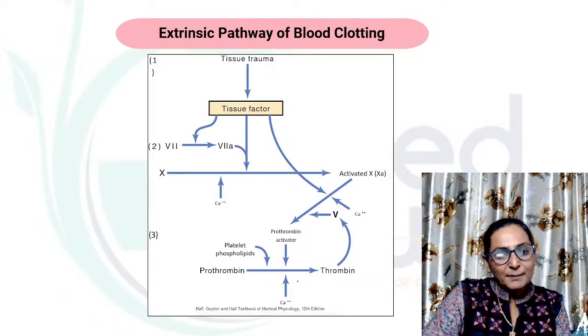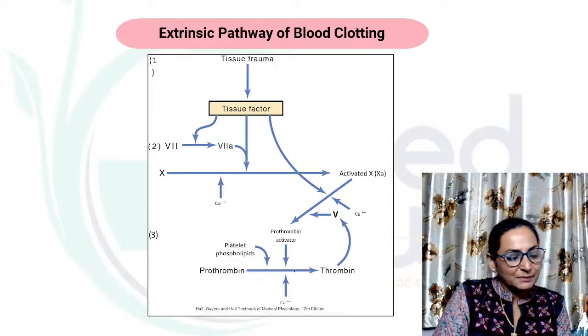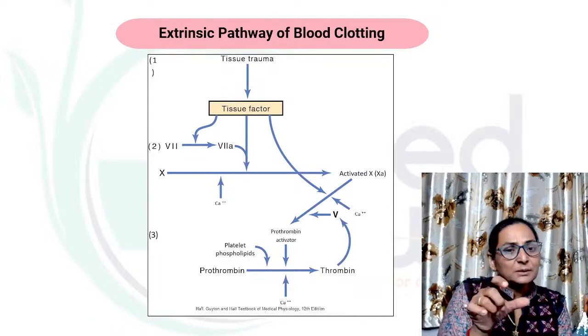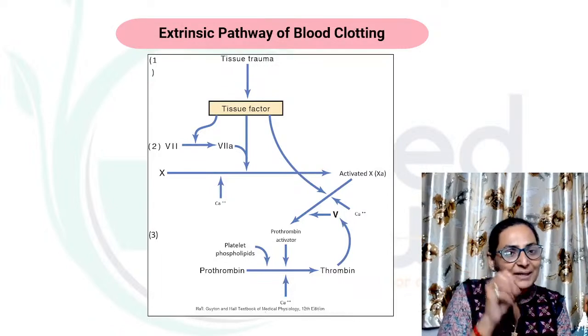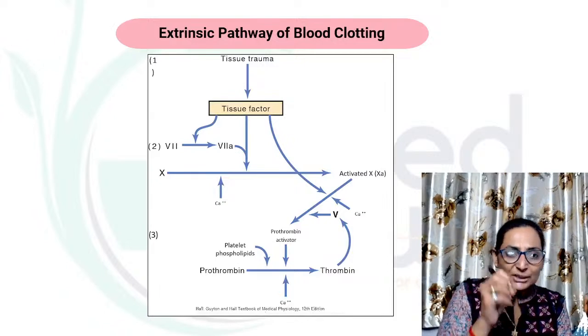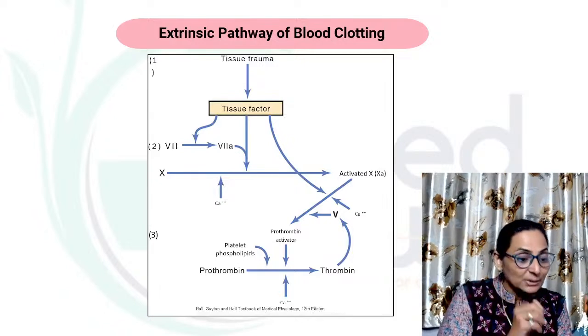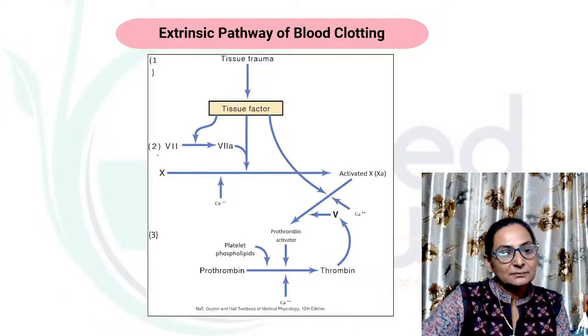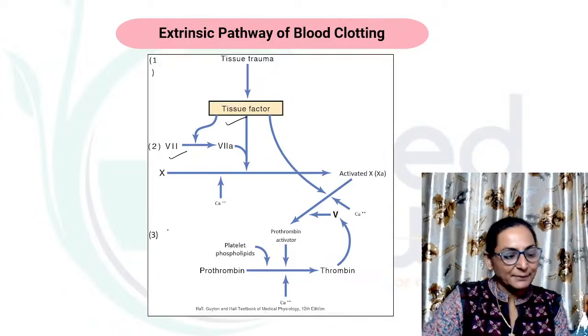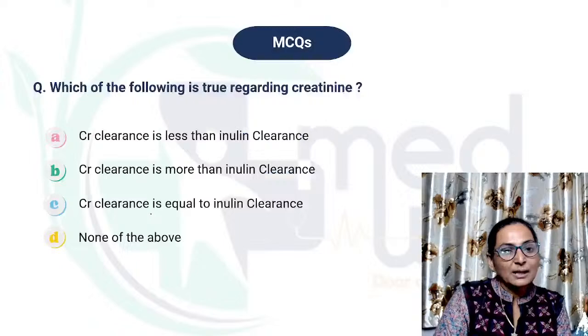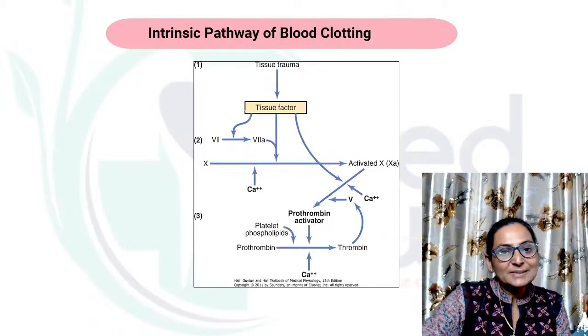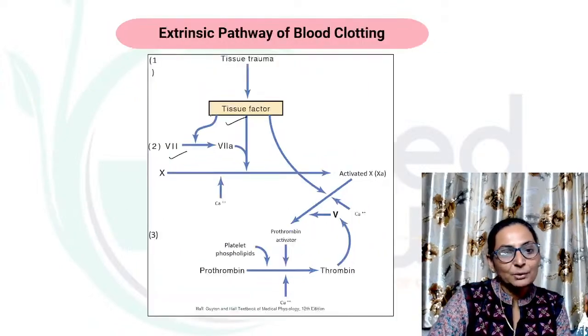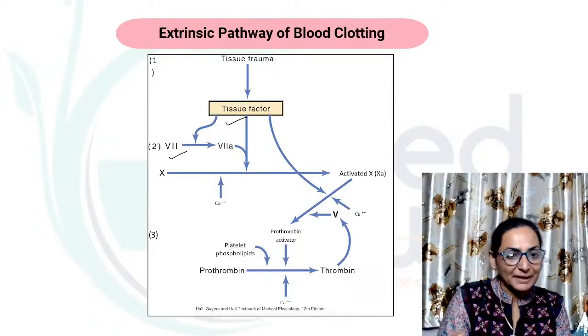This is the common pathway which is taking place, and there are certain factors which are very peculiar or only for the extrinsic pathway. Like, see, tissue factor, factor 7 is very important. अगर आप intrinsic देखोगे तो intrinsic pathway में you will get different factors.